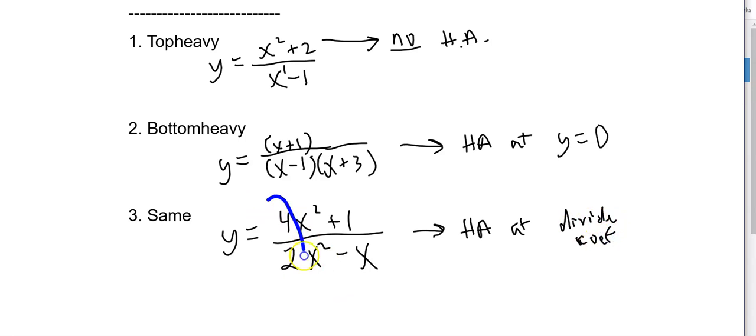So in this case, 4 divided by 2, so y equals 2, or y equals 4 over 2. You're dividing the lead coefficients. I'm not worried about the other coefficients, but the very first term, the ones that match and have the same degree, x squared, 4 over 2. There's going to be a horizontal asymptote at y equals 2. Again, don't just say 2, it's y equals 2 if it's horizontal.